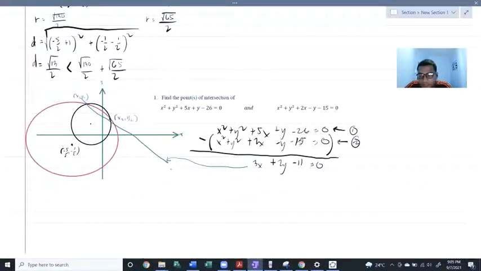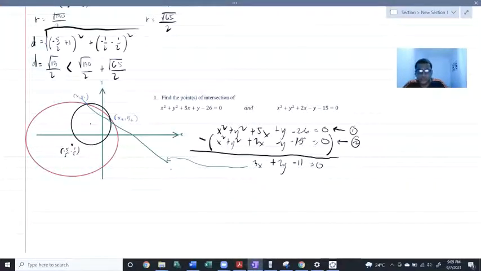Now, since the two circles and the line pass through the same two points, we can say that the two points satisfy these three equations. So what we can do now is write y in terms of x, then substitute to any of the first two equations.